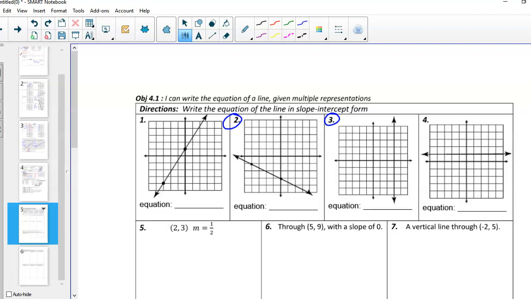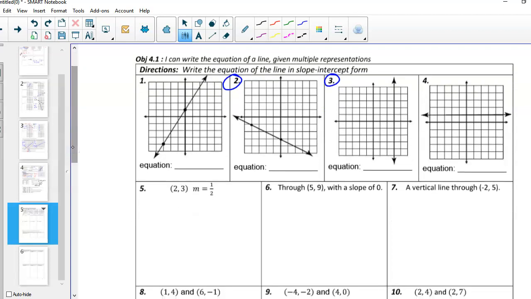Alright, for number 2, if you're given a graph like this, and now we're in the writing equations, you need to know what your slope and your y-intercept is. We know this is going to be y equals, what's your slope? Negative 2 over 4.